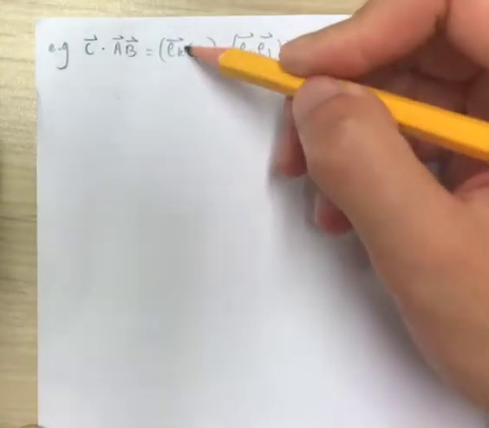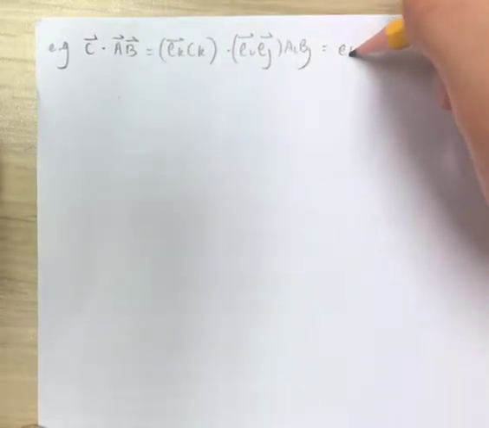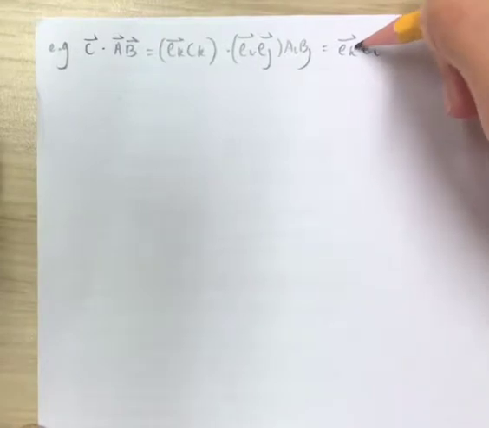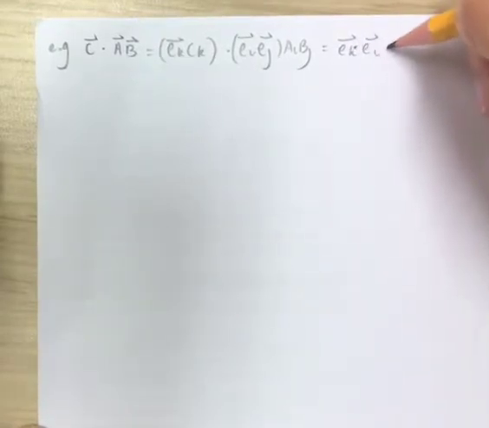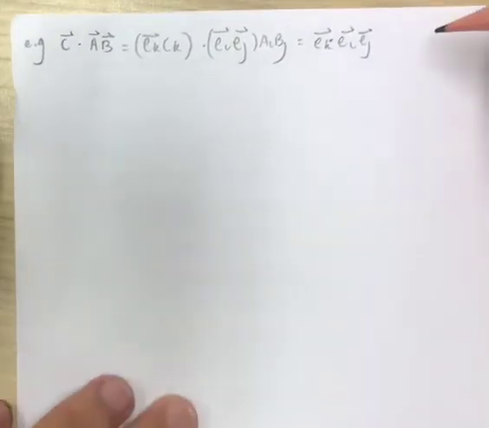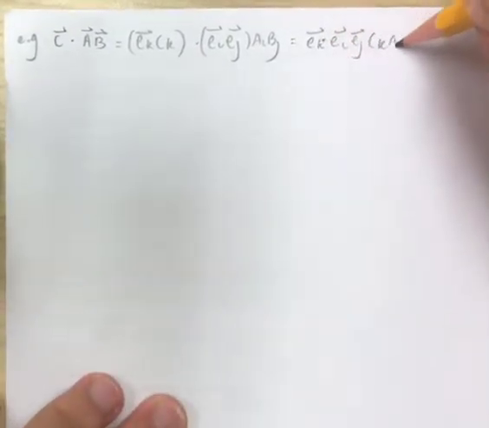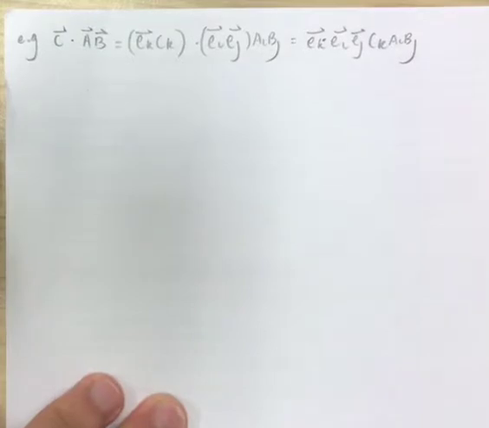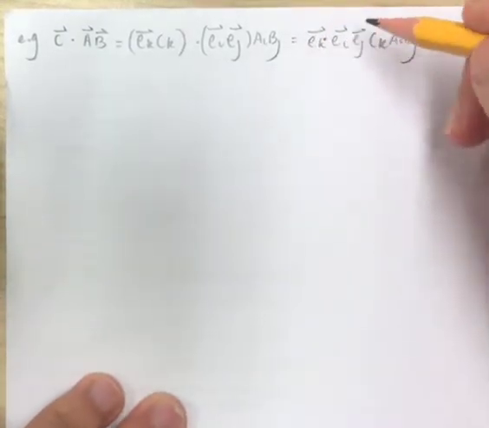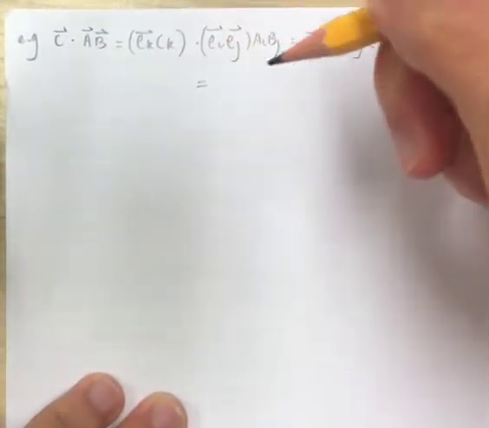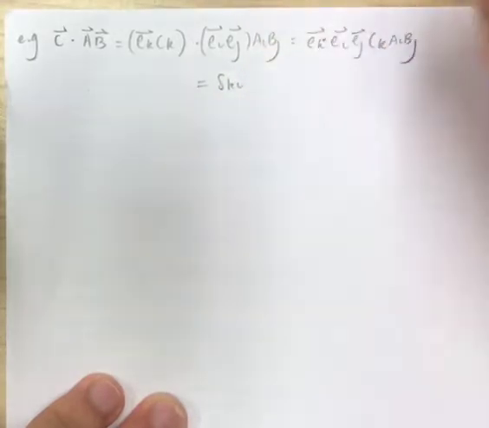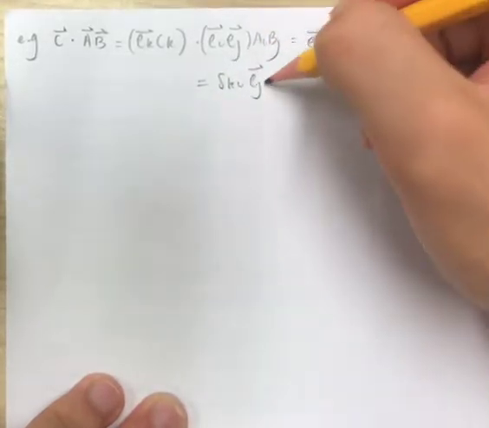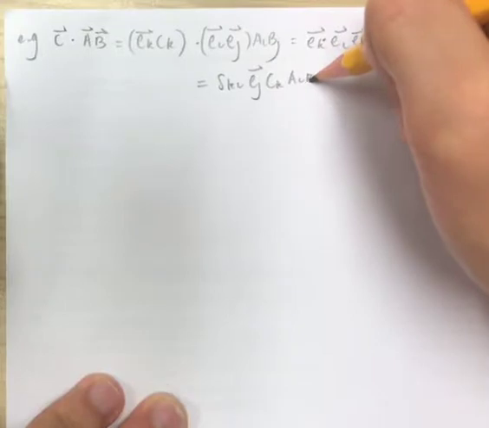If we pull the C_k out, we will get e_k dot e_i, a dot product, and then we have e_j. Here we have all the constants, C_k, A_i, B_j. Okay, so what's e_k dot e_i? Kronecker delta, delta_ki, e_j, C_k, A_i, B_j.